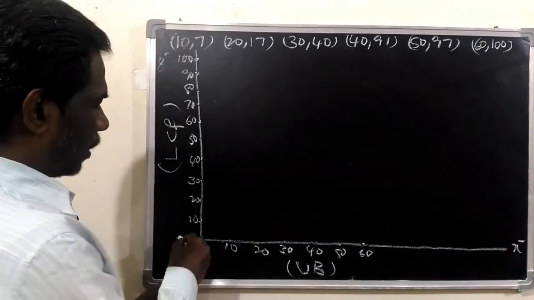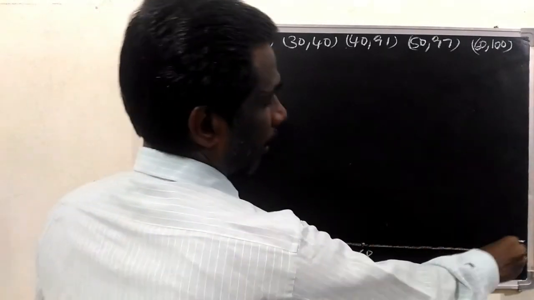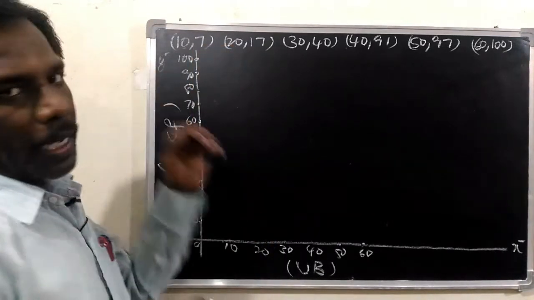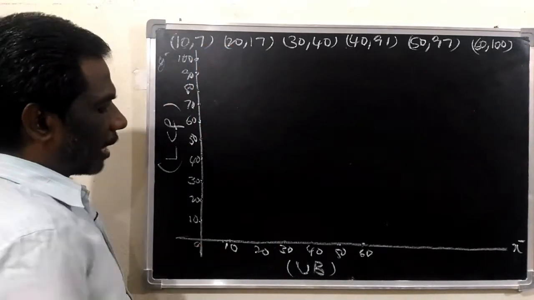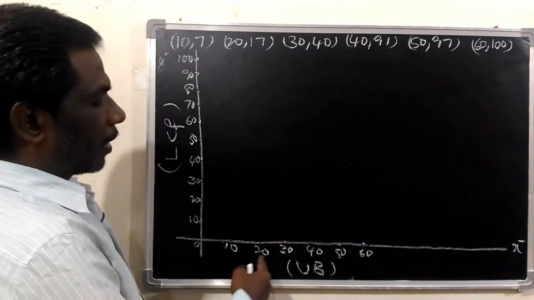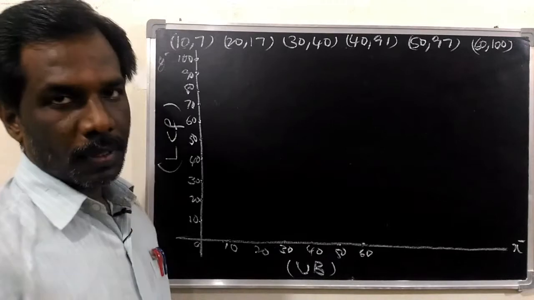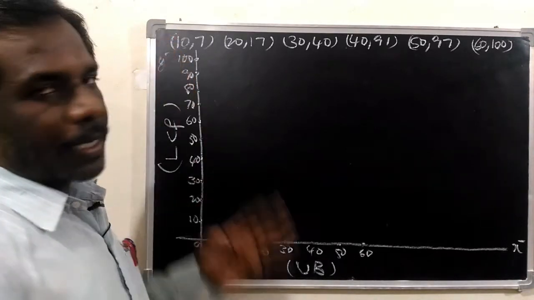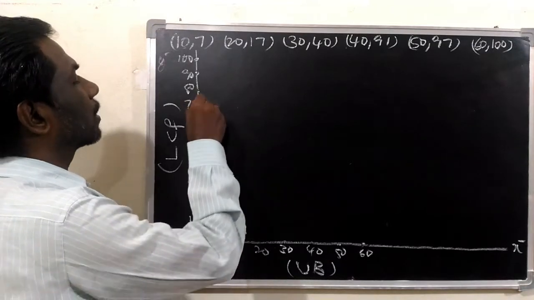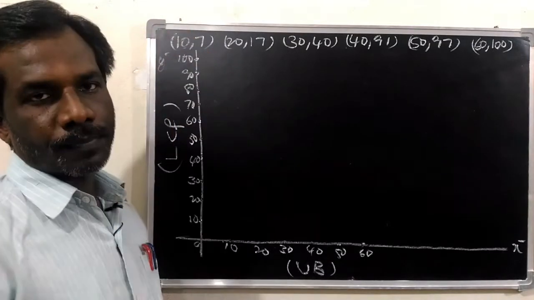This horizontal line is called the X-axis, and this vertical line is the Y-axis. On the X-axis I have taken 10 units: 10, 20, 30, 40, 50, 60. On the Y-axis also I have taken 10 units: 10, 20, 30, 40, 50, 60, 70, 80, 90 and 100.